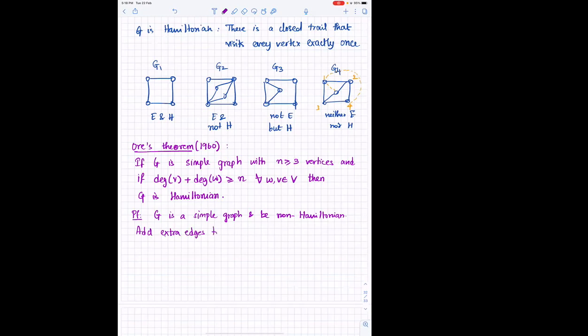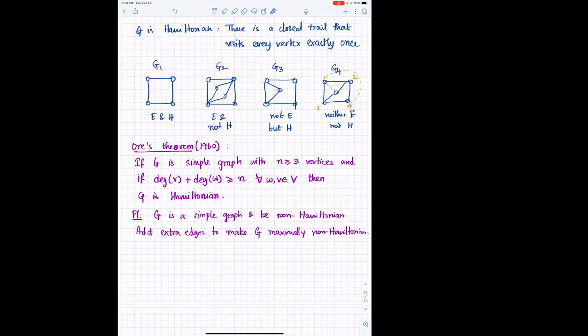Okay. To make G maximally non-Hamiltonian. So what do I mean by that? If you add one more edge to the graph, it will become Hamiltonian. So at that point, you stop. Until then, you keep adding edges.